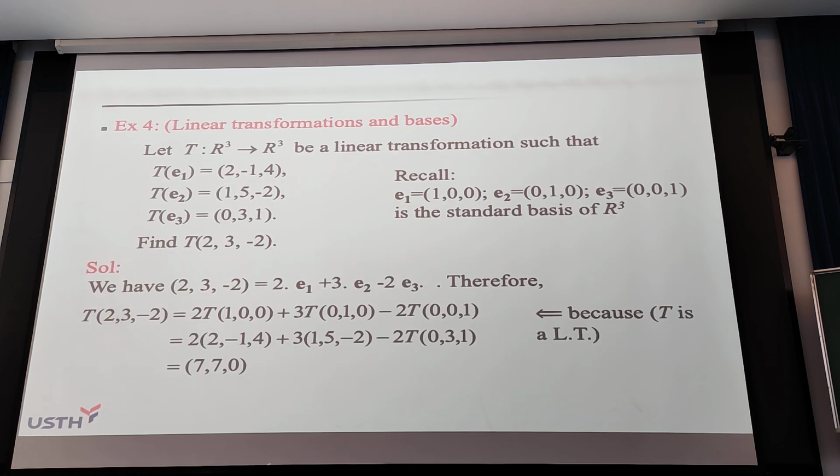And then the result is here. So that is a very important thing, because we need only to know the value of any linear transformation on a basis. If we know that, we know the whole transformation.